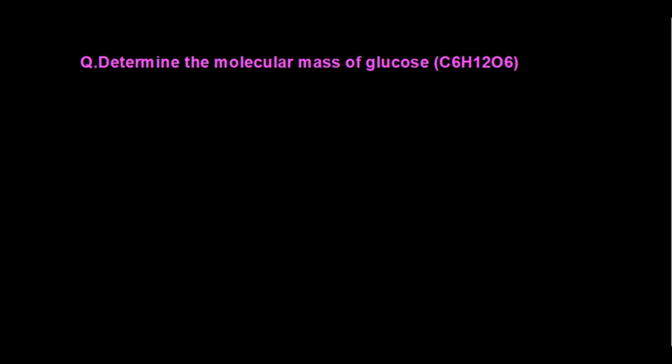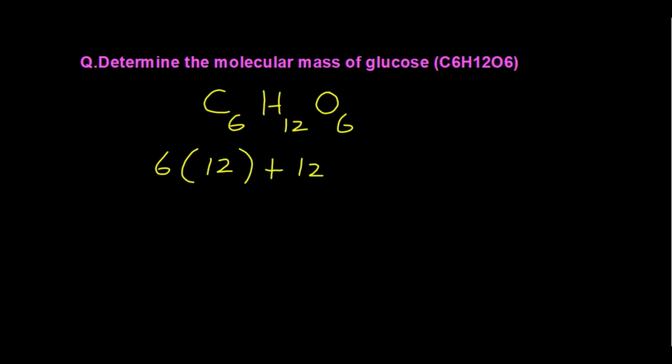Now we will see the next question which is given. In the next question, we are asked to determine the molecular mass of glucose, that is C6H12O6. 6 carbon atoms are given, right? Atomic mass of carbon is 12 atomic mass unit, plus 12 hydrogen atoms are given. Atomic mass of hydrogen is 1 atomic mass unit, and 6 atoms of oxygen are given.